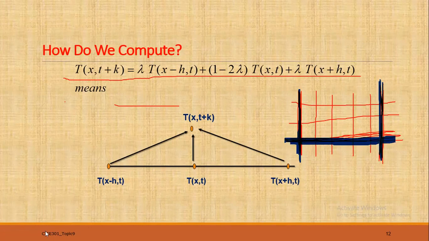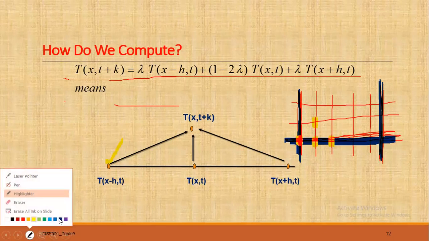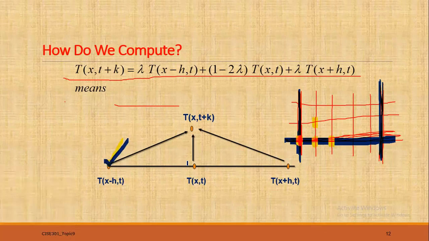So if we know this point and this point, these 3 points, using the explicit method, we find this one. That means if we know this value and this value, using 3 points, we get this value.